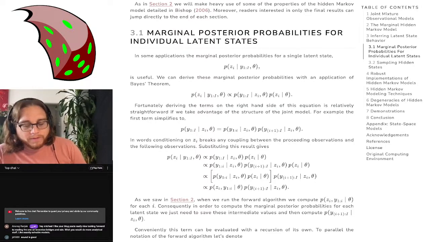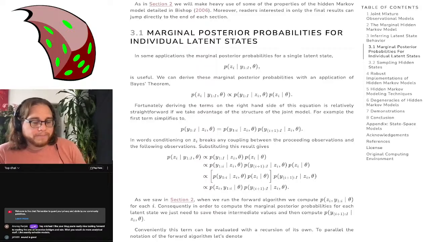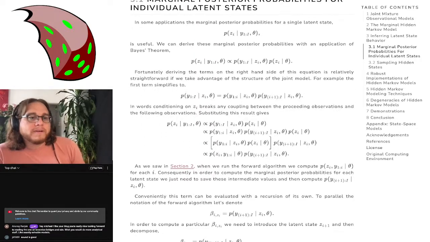I just want to know, given all the data that we've observed, what do we know about the ith latent state? Well, again, we can think of this as deriving this from an application of Bayes' theorem. We get the opposite conditional on the right-hand side, and we get the prior for that Z_i, or the marginal model for that Z_i.